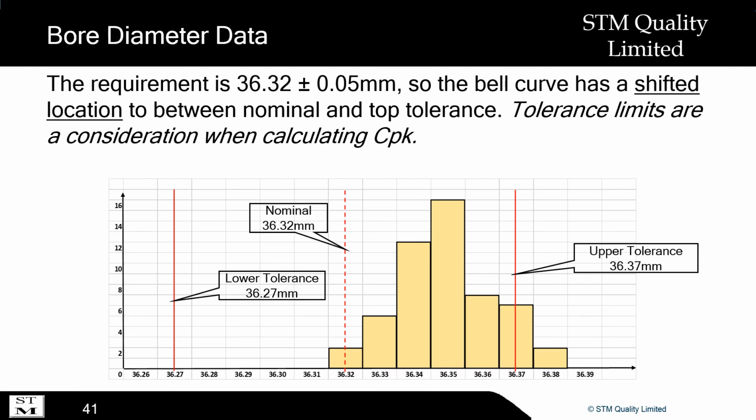The requirement for our bore diameter is 36.32 plus or minus 0.05 millimeters, so the bell curve has a shifted location to between nominal and top tolerance. Tolerance limits are a consideration when calculating CPK.